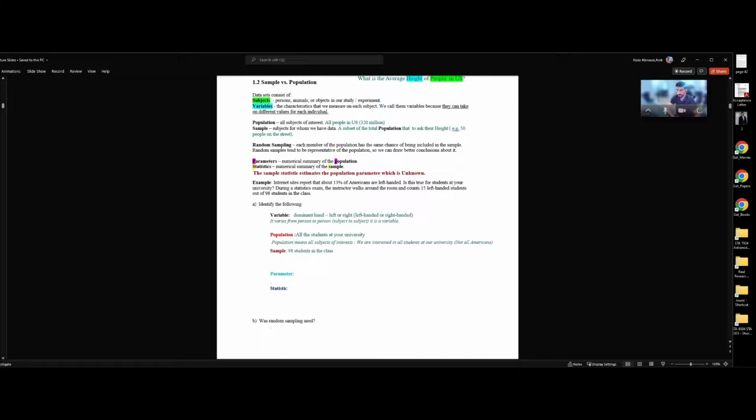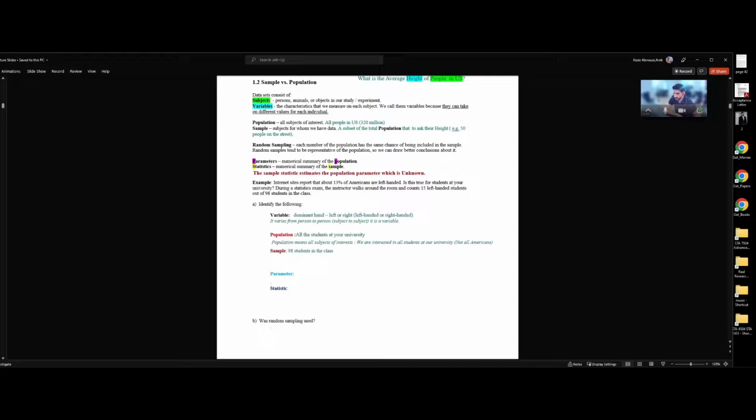Then the parameter. What's the actual value of the parameter? We don't know it, right? We just know this information, and someone can say, assume that this is true for all students at our university, which is wrong because it just says about 13% of all Americans, but we are interested in the truth for the students of our university.